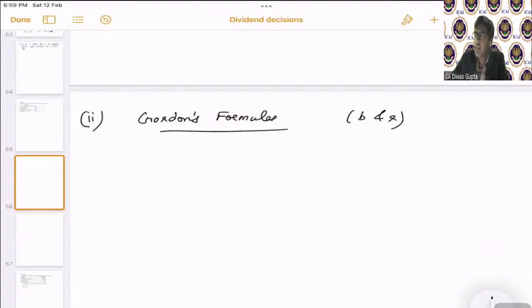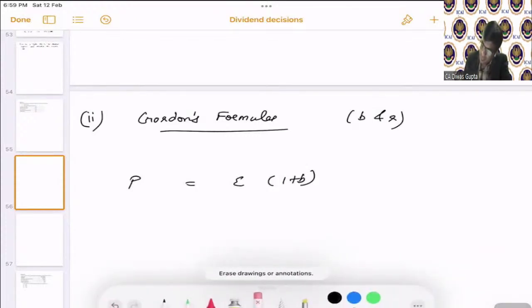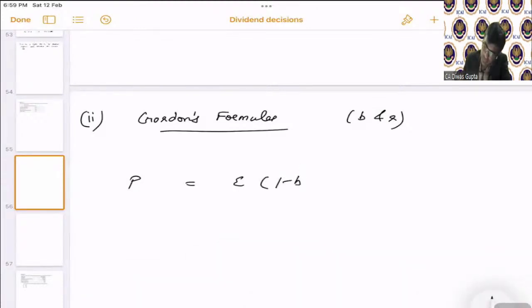So the formula is P is equal to E1 into 1 minus B, sorry, which is nothing but it converts this into the dividend, right? As we discussed yesterday, divided by KE minus B into R.